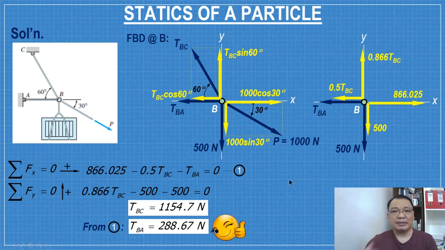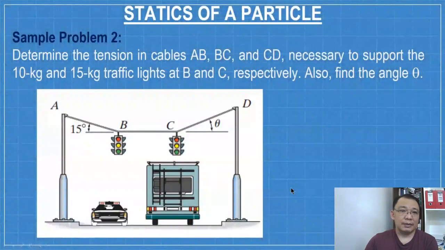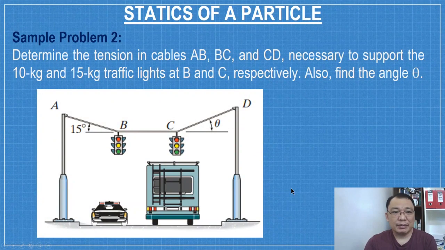Next problem: determine the tension in cables EB, BC, and CD necessary to support the 10 kilogram and 15 kilogram traffic lights at B and C respectively.